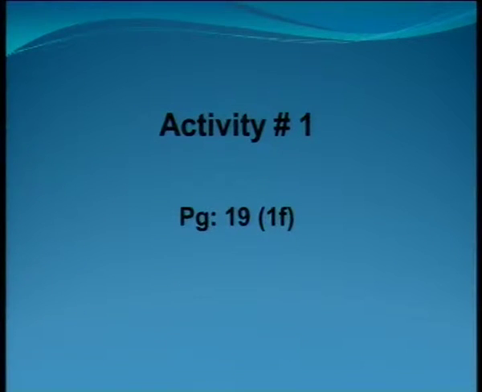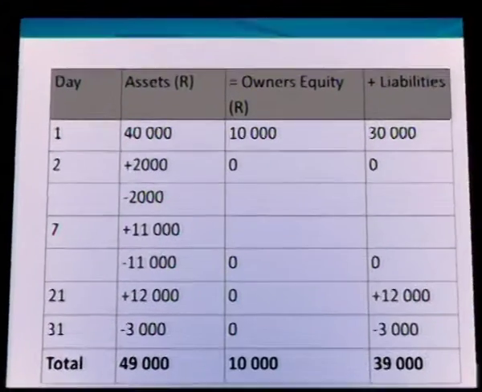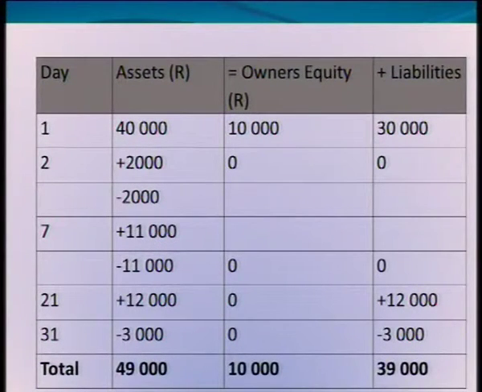Let's look at activity number 1, which will be found on page 19, activity 1F. You were supposed to indicate the effects on the balance, on the owner's equity and liabilities and assets.